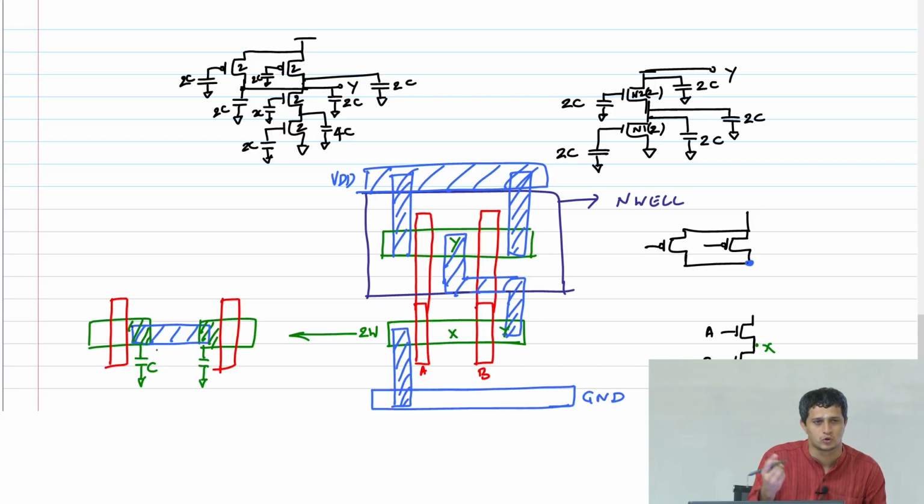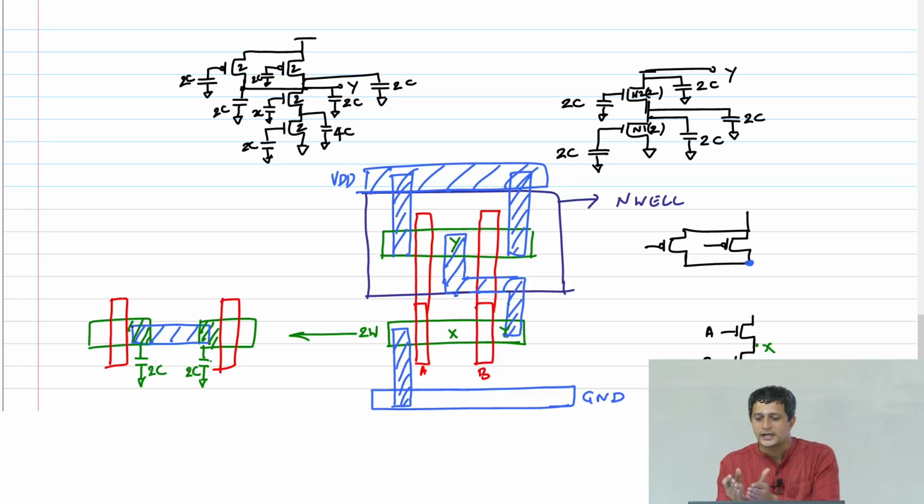And of course if W is higher, then it is 2C. And therefore we said it has to be 4C in that diagram. But now if I bring these two diffusions so close, it's effectively like just one diffusion. You get it? That's the idea that we are using.